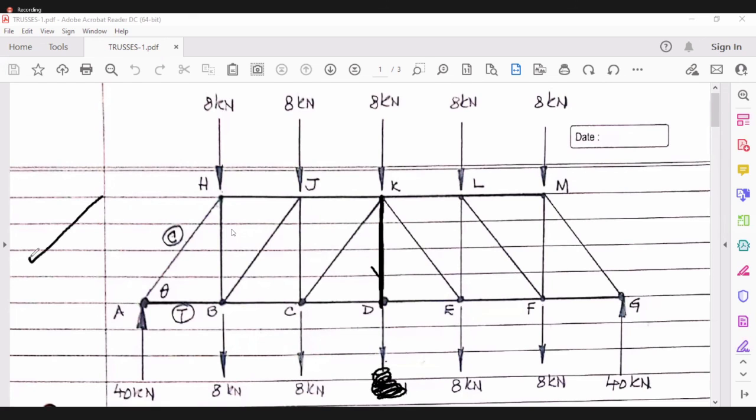In any truss, if at any point there are two elements in a line and a third element is over here, or maybe vertical, or like this, then this element has to be a zero force member.